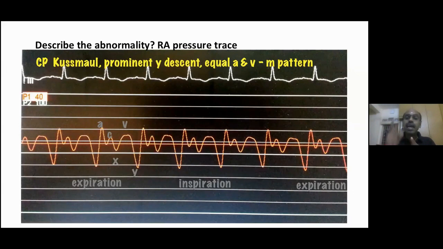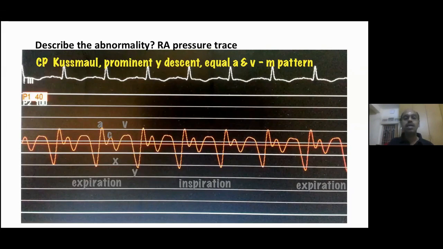The same increased RV contractility and increased pulmonary blood flow also happens in constrictive pericarditis. So if you put the tricuspid valve Doppler, it will show higher velocities in inspiration, and the pulmonary artery systolic Doppler will have higher velocities in inspiration in constrictive pericarditis.